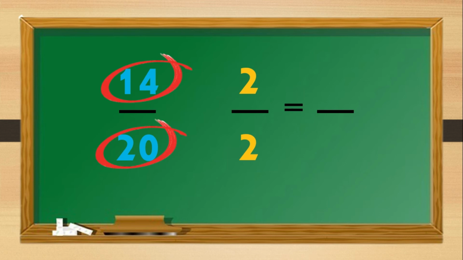To write 14 over 20 in lowest terms, divide both the numerator and denominator by the greatest common factor, which is 2. 14 over 20 divided by 2 over 2 is equal to 7 over 10. Therefore, 14 over 20 written in lowest terms is 7 over 10.